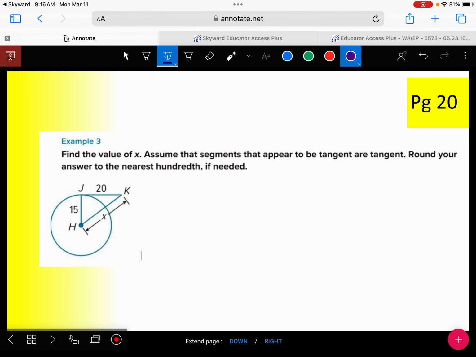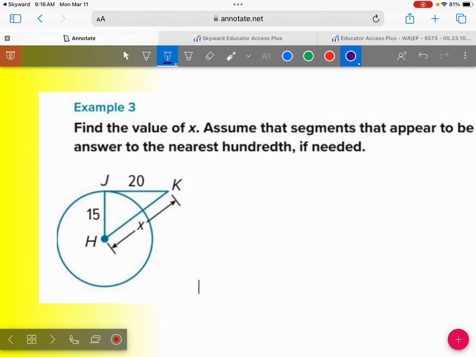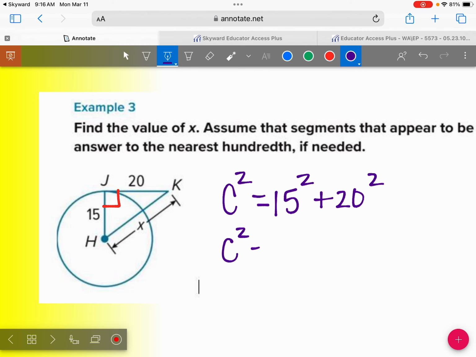So it says find the value of X. This is my 90-degree angle. Opposite of the 90-degree angle is C. So you have X squared. So C squared equals 15 squared plus 20 squared. Go ahead and figure out what is 15 squared plus 20 squared. Type that in your calculators.